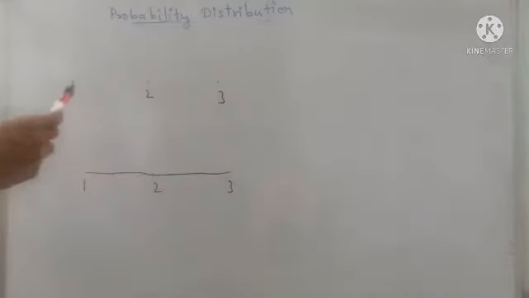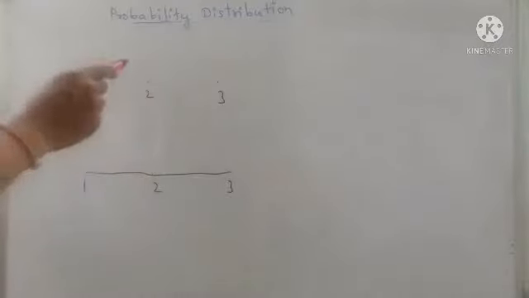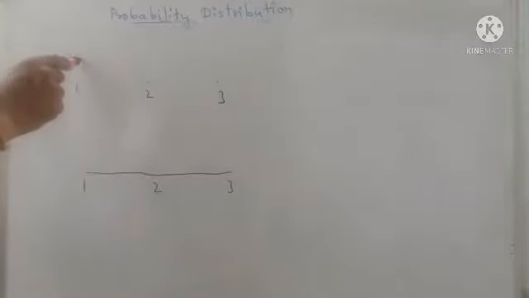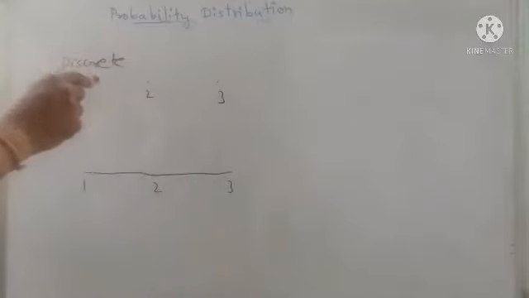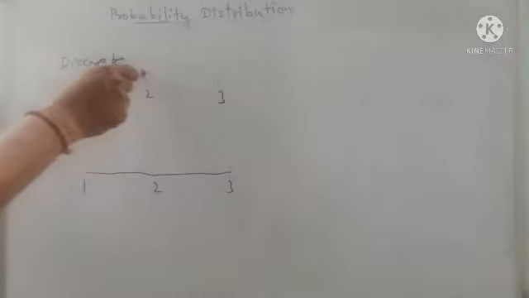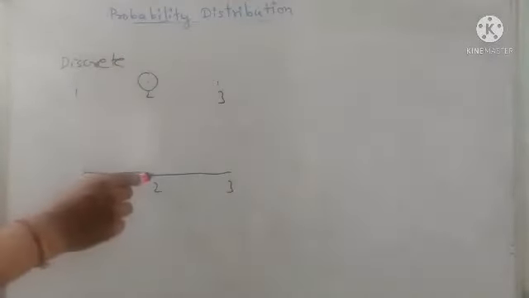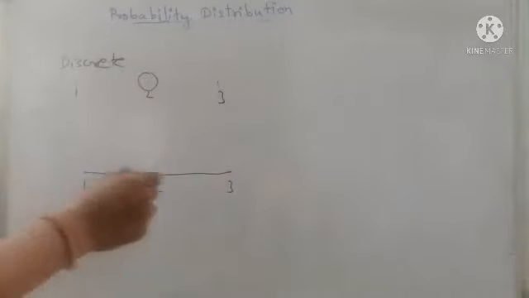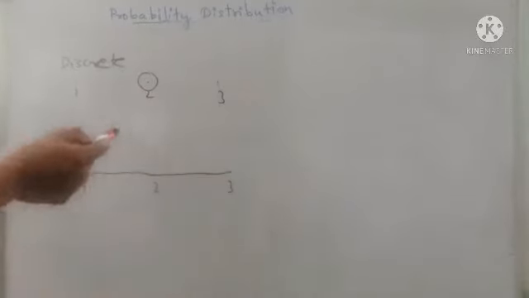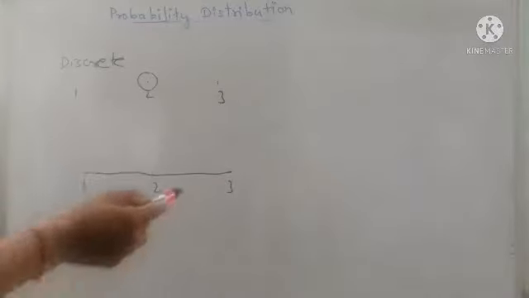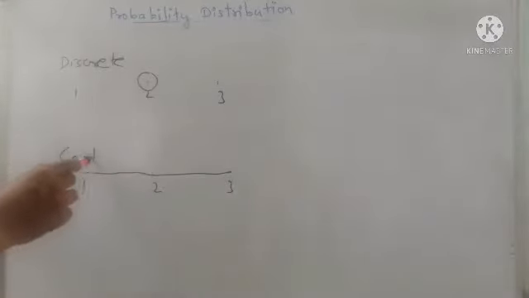Understand, here on the board there are two ways of representing numbers. In the first case, we put numbers 1, 2, 3 by putting points; these are discrete points. Discrete means in between 1 and 3 there is no 1.2. Now in the second case, as you observe, between 1 and 3 there are infinite number of points, and these points are continuous.